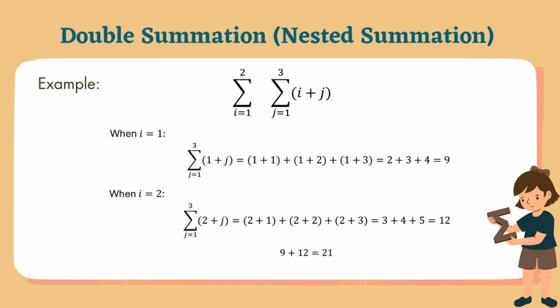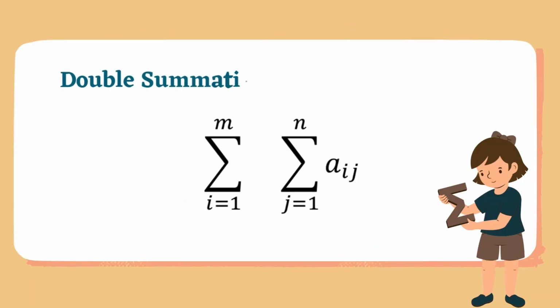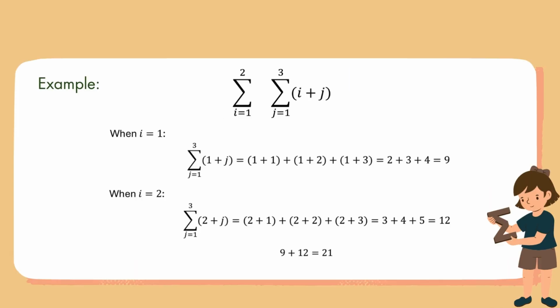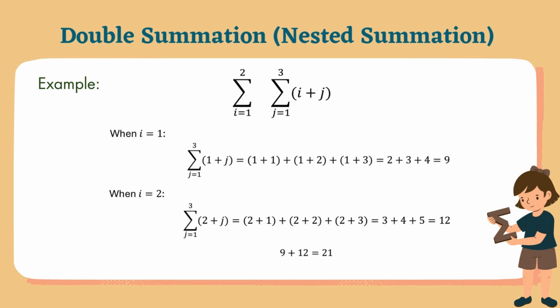For you to clearly understand what nested summation is, I will give you an example. The sum of the quantity i plus j, where i is from 1 to 2 and j is from 1 to 3.